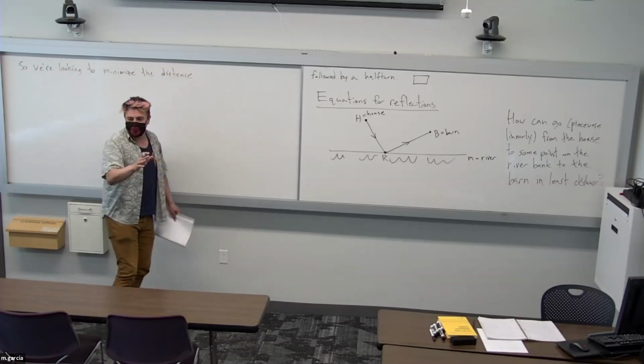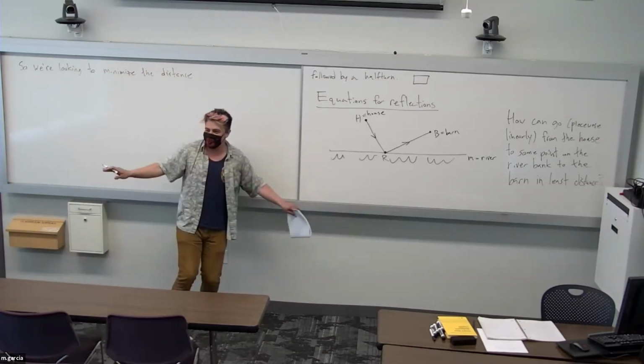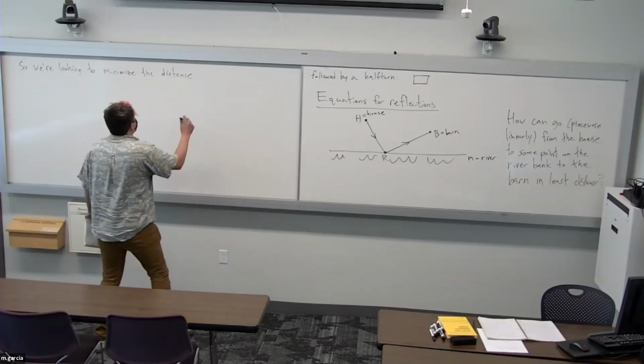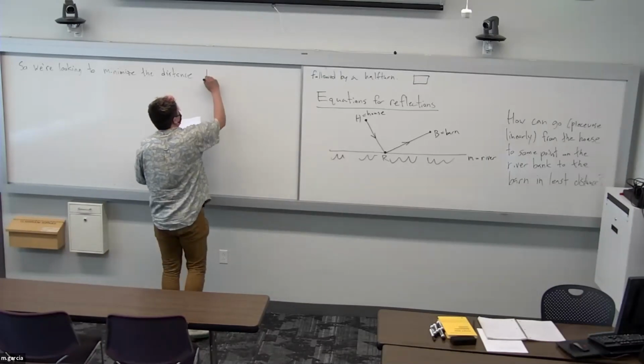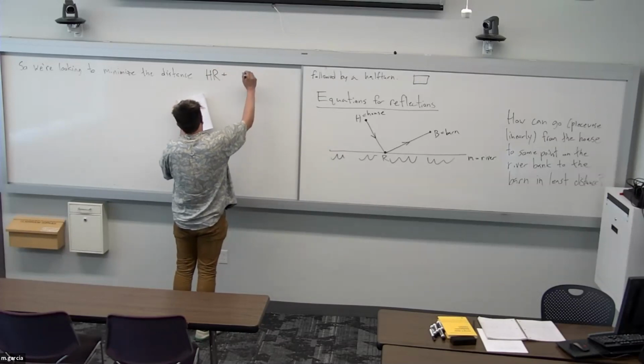So I heard something about calculus. So let's forget calculus for now. Suppose we don't know calculus. Okay? So we want to minimize this distance, HR plus RB.